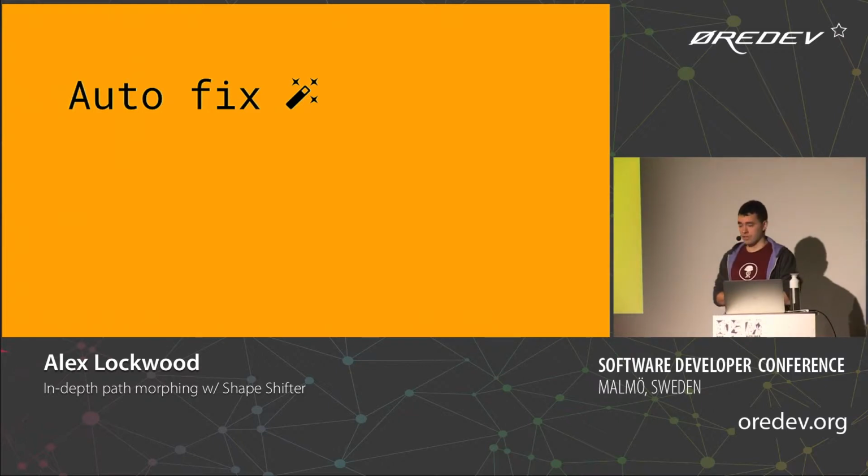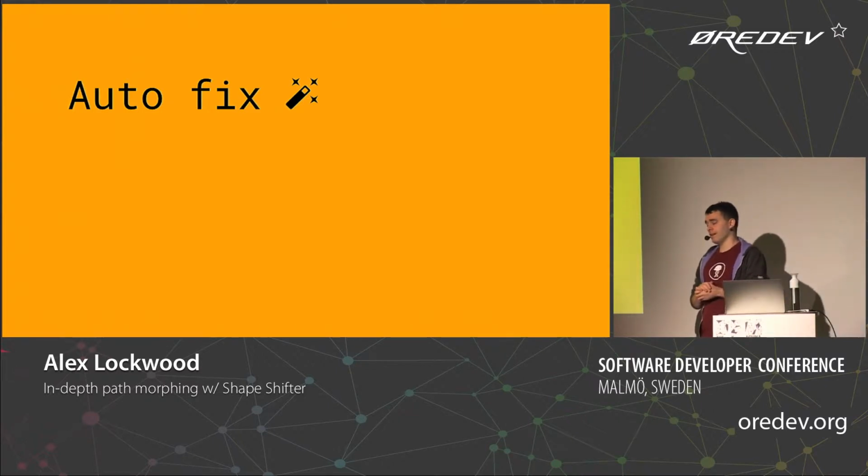One of the whole ideas of Shapeshifter was to not do this initially. There were tools that automated everything for you, but Nick and I, as we were creating path morphing animations, found that oftentimes it didn't generate something that you wanted, and Shapeshifter was an attempt to allow the user to have total control over where dummy points are placed.